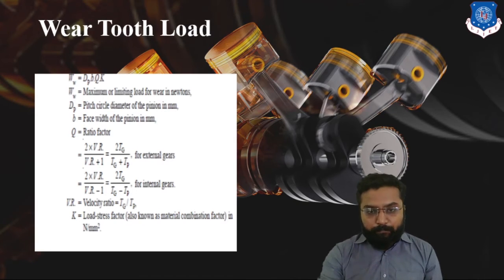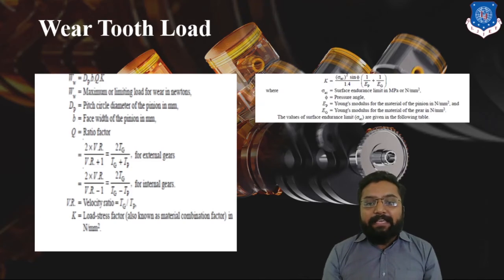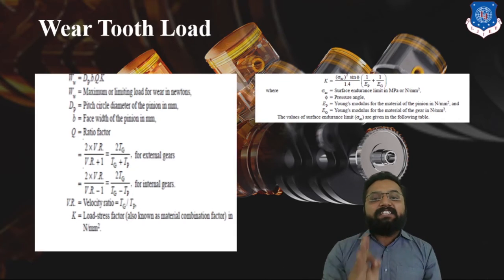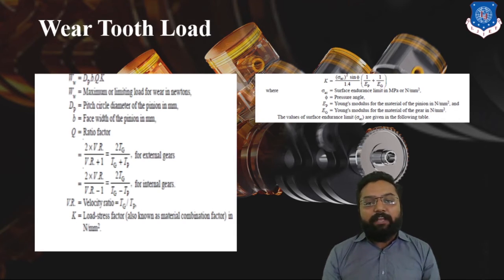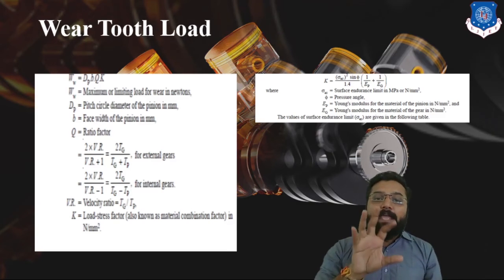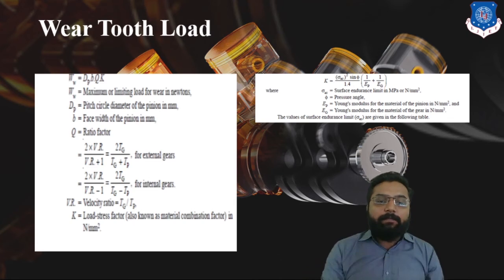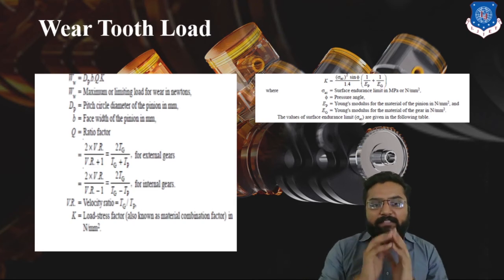And K is the load stress factor, represented by sigma E squared into sine phi upon 1.4 into 1 upon EP plus 1 upon EG, where sigma E is the endurance strength for the particular material, phi is the pressure angle, and EP and EG are Young's modulus for pinion and gear. I hope you understand this. Wear load will act after some time, but we will consider it in this design also.